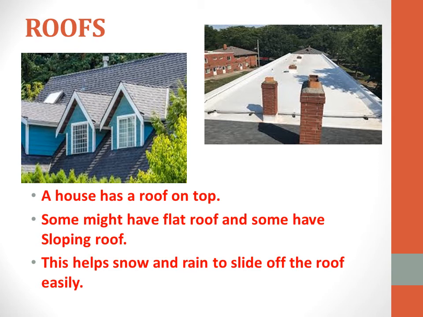Even if it rains, we have a pipe to make sure the rainwater will go and accumulate somewhere. So in places where it rains a lot or the snow is more, we can see the sliding roof, that is called a sloping roof. So we have two kinds of roof. One is flat roof and the next one is sloping roof.